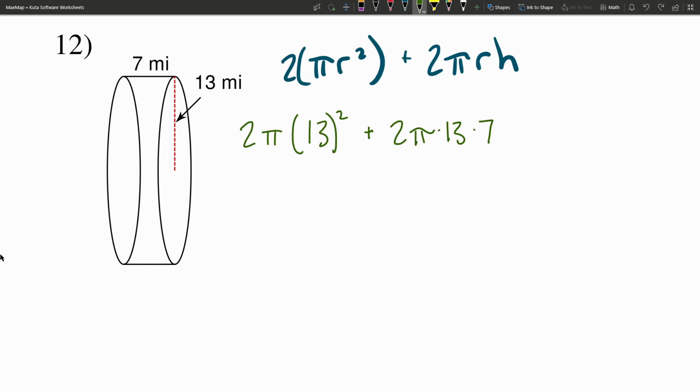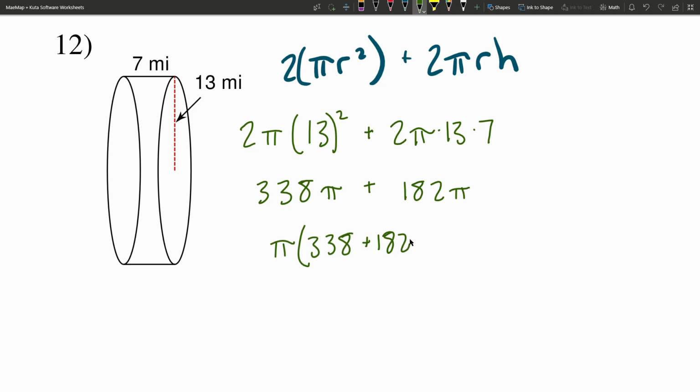13 squared is 169, and we multiply that by 2, we'll get 338. So this is 338 times pi for our first part, and then we're adding that to 2 times 13 times 7, which is 182, and that also gets multiplied by pi. Now because pi is in both those terms, I'll just pull it right on out in the front, and then add 338 plus 182 together.